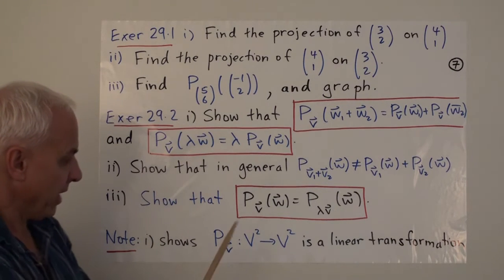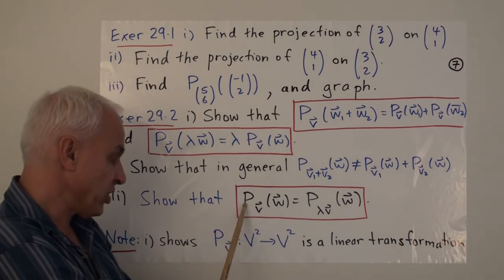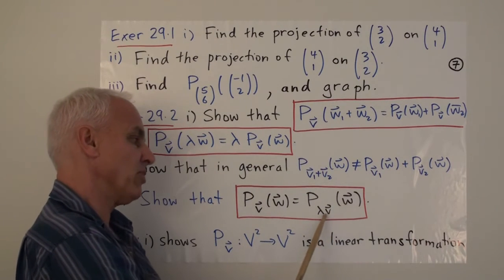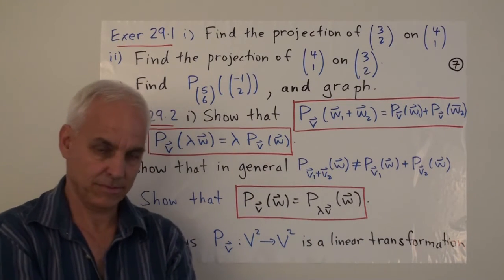But do show that, and I've already talked about this, that the projection of W onto V is the same as the projection of W onto lambda times V.